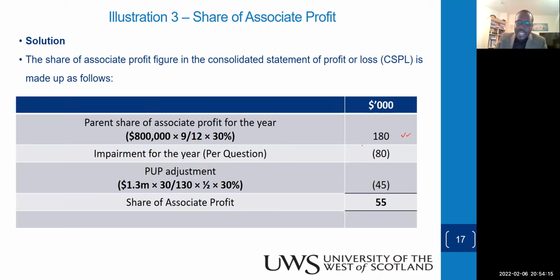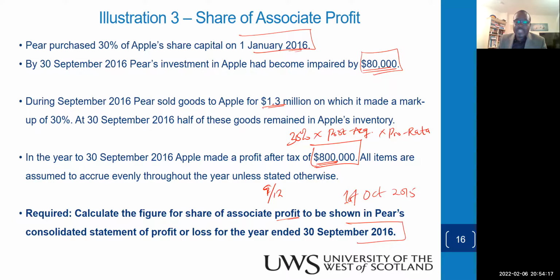And then for the POP adjustment, it is 1.3, we were told. A markup of what? 30. So ideally you have your 30 over 130 times 1.3 million. And then times, we were told half, 50%. If you don't want to find 50%, you can just write 1 over 2.